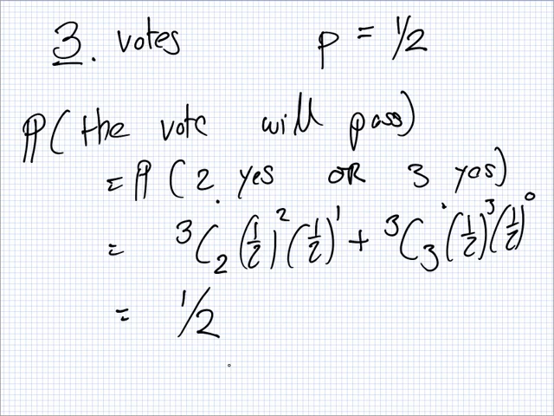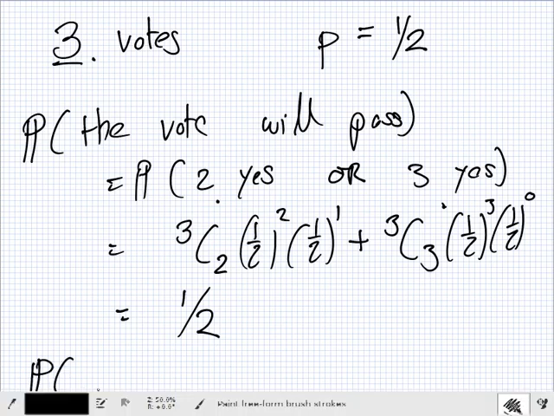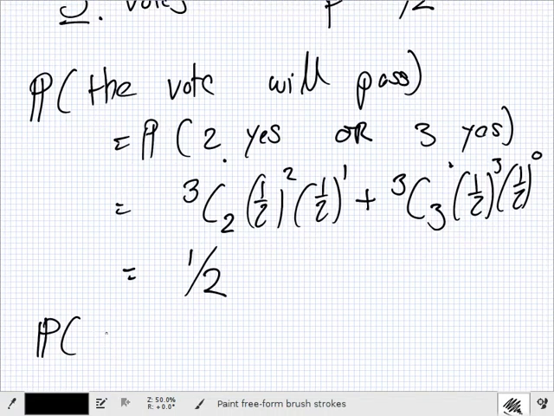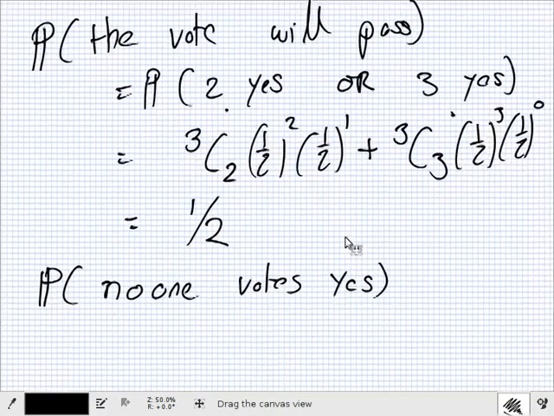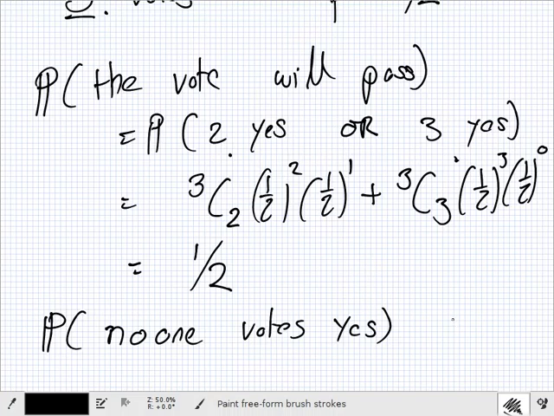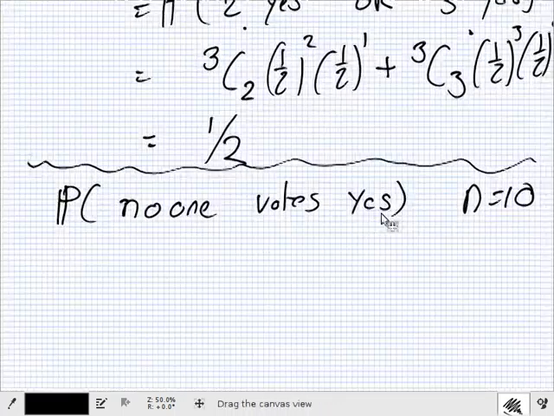Okay, let's do another one like this. So this time I want the probability that, I won't make it too difficult, that no one votes yes. And I'm going to change it, this time make it be 10 people, please. But we'll keep the probability the same of voting yes.